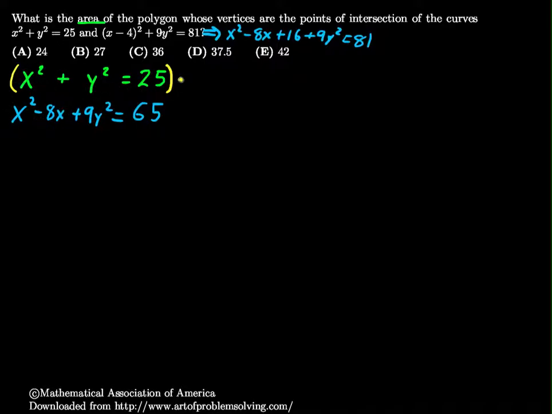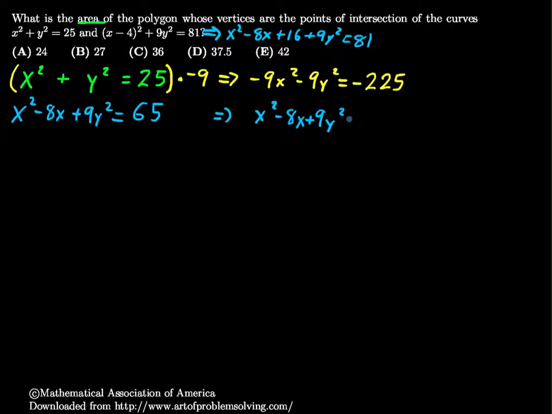So to get those to cancel, I'll multiply the top by -9, which means that this becomes -9x squared minus 9y squared equals -9 times 25 is -225. I'll bring over this blue equation as is and get x squared minus 8x plus 9y squared is equal to 65.